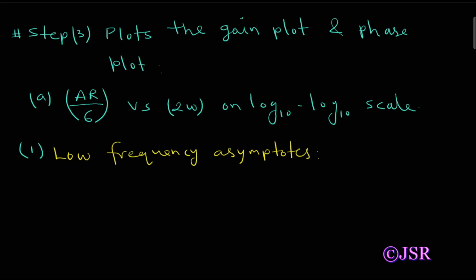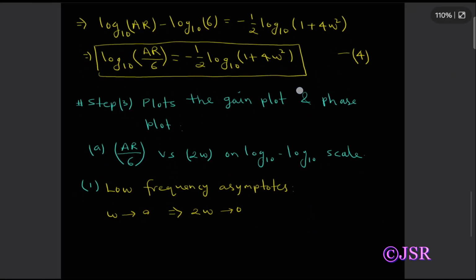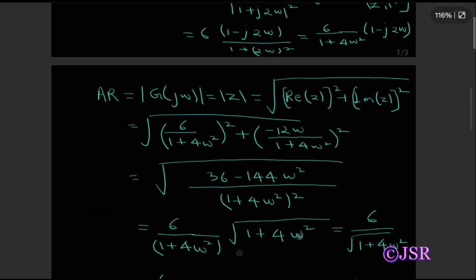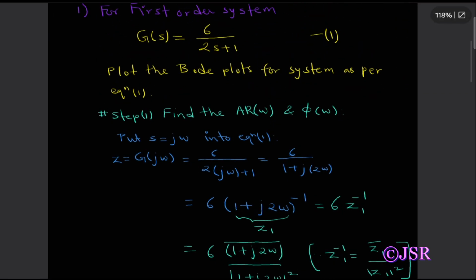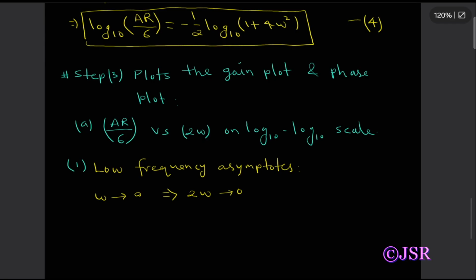So at low frequency asymptote, the omega tends to 0. It means tau omega tends to 0, and tau is the time constant of the system. So it means omega tau tends to 0.